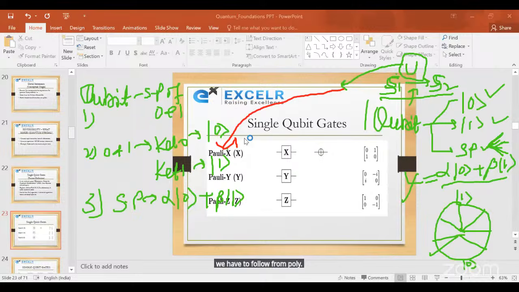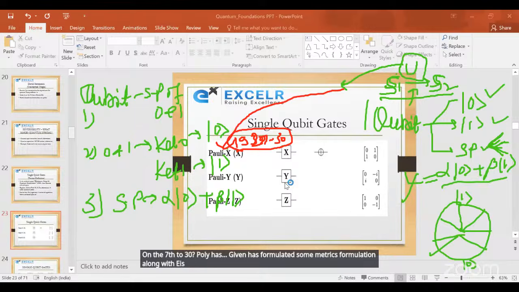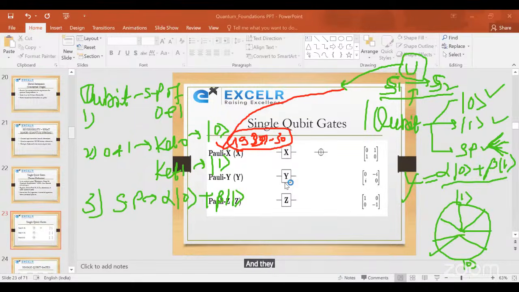Pauli, around 1927 to 1930, formulated some matrix formulation along with Heisenberg, and they deduced some matrix forms. That matrix form is like this.